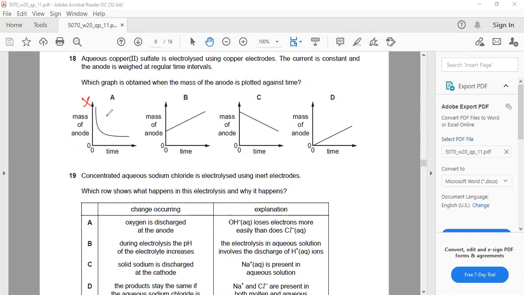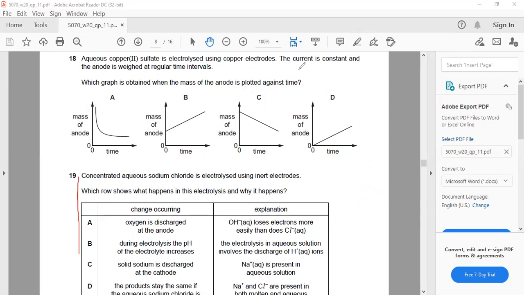This is a common error, because the examiner writes in the examiner report. I think it's common because it shows like the rate of reaction decreasing and then becoming constant. The anode dissolves as long as the anode is there, almost linearly, which is why C is the answer.